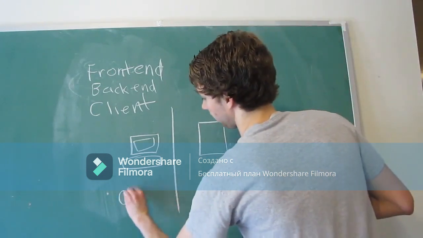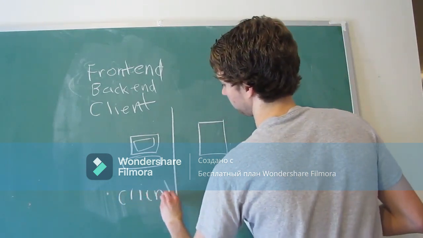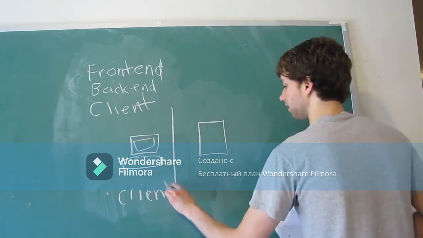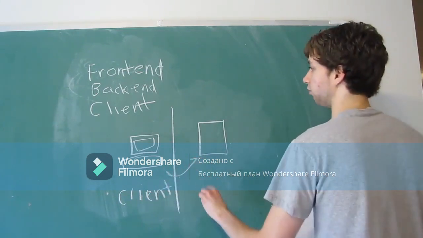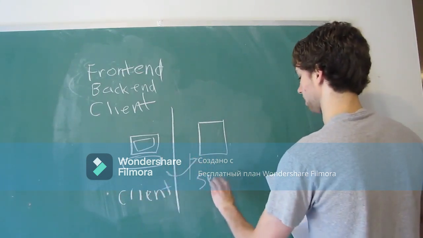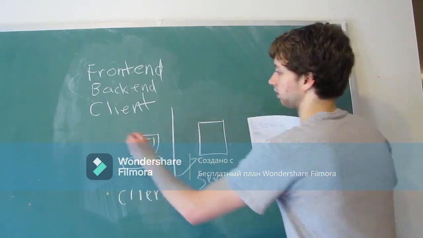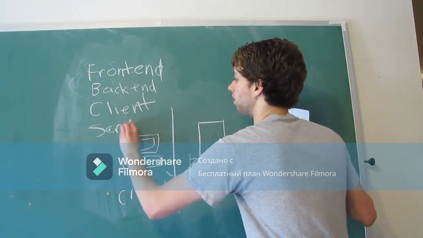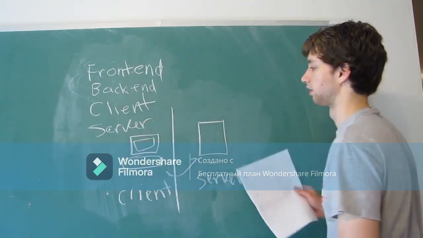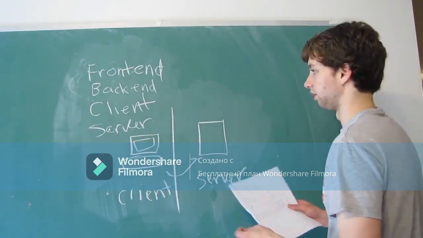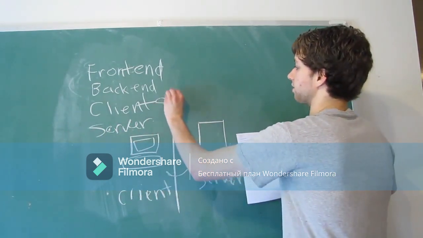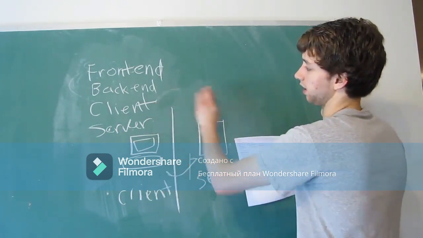This is the client side because we're accessing the database. Over here is the server side. So client side and then server side. I don't really have room to write that, but yeah.